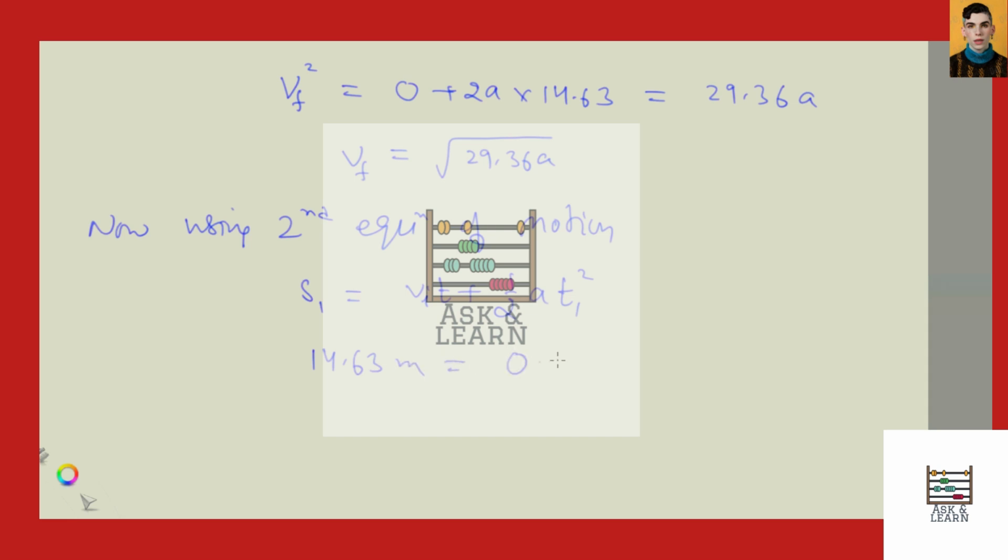For Vit, this is 0 again, plus half A into T1 square. So, T1 square comes out to be 2 times of 14.63 divided by A, or we can say this T1 is the square root of 29.36 divided by A.